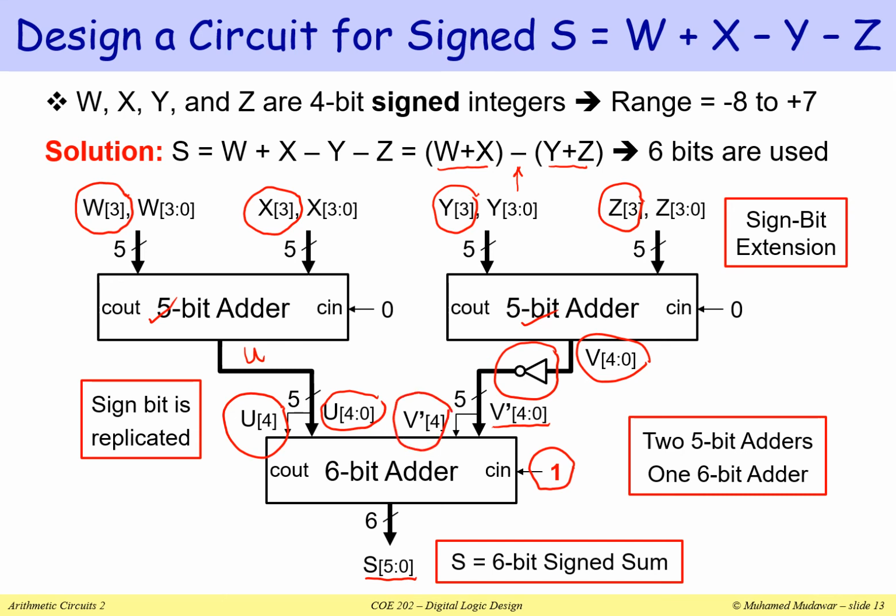First I'm going to invert V, and then I'm going to do sign extension, and then I can add. Now my inputs are 6 bits, and this 6-bit adder is going to produce a 6-bit sum. And the sum here is signed. So this is sign extension, and we're producing a signed result.